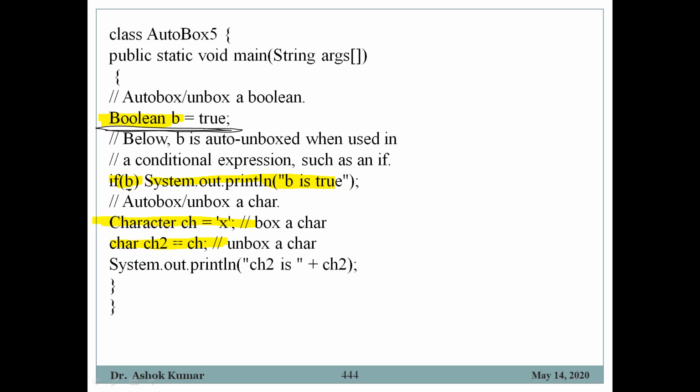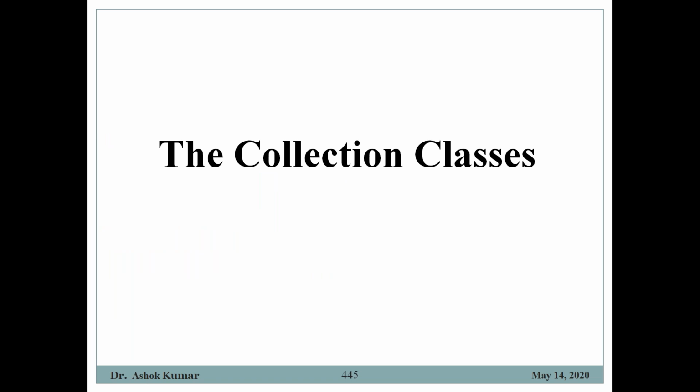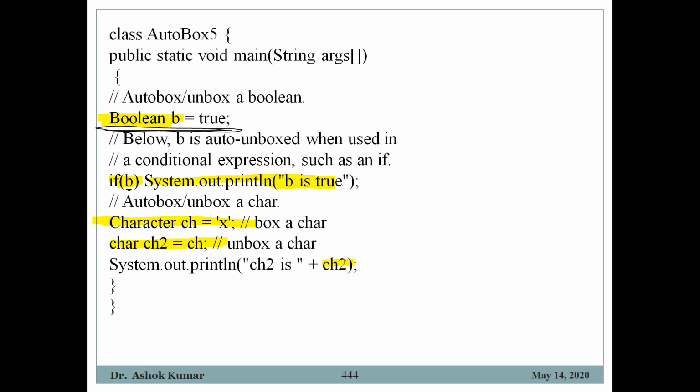So auto unboxing will happen over here, and in ch2 you will get the value that is contained in the Character type object ch, that is x. So you will get the x in this case, and we are printing that value through this line over here. So this is all about the wrapper classes.